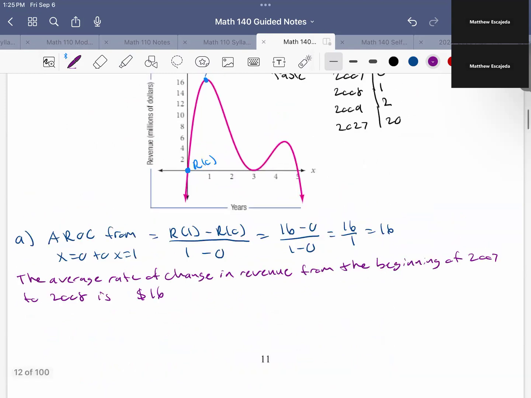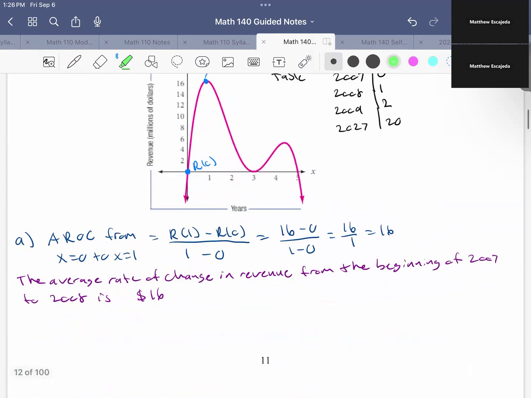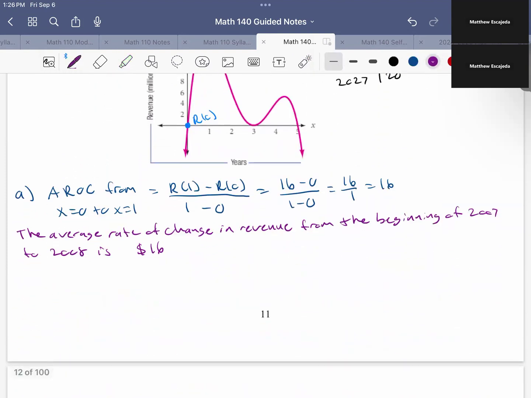But what are we talking about exactly? We're talking about millions of dollars. You didn't find $16, that doesn't make sense. So we found $16 million per year. That's our final answer for that.